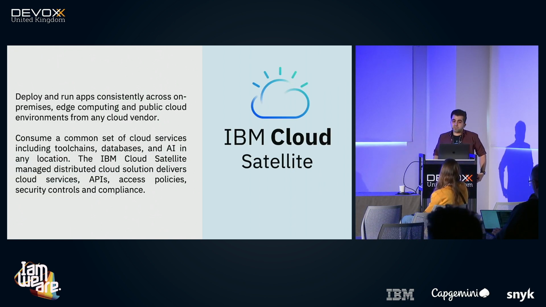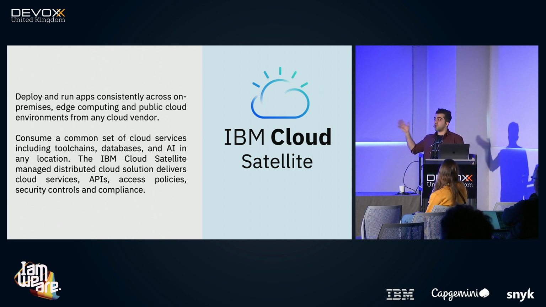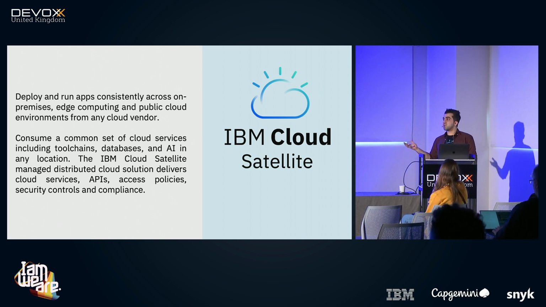And here's the last part that I wanted to tell you. If you want to build and deploy all your applications from a single control plane, that's the promise of IBM Cloud Satellite. IBM Cloud Satellite allows you to access all your cloud resources, whether they're on-premise, on edge devices, or your OpenShift on different cloud environments.